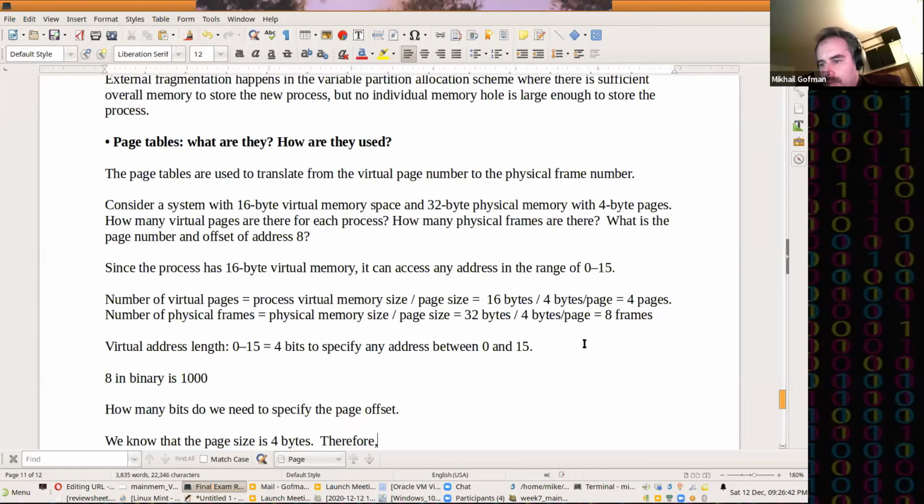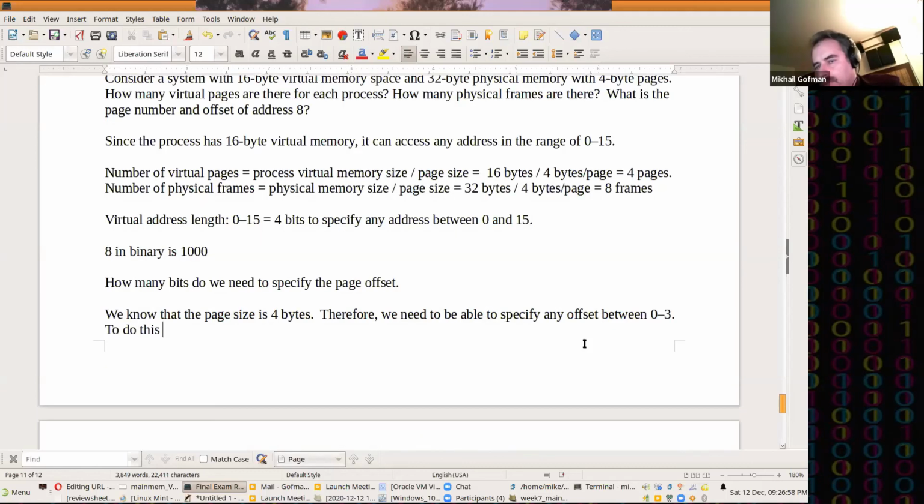Therefore, we need to be able to specify any offset between 0 and 3. To do that, we need 2 bits.